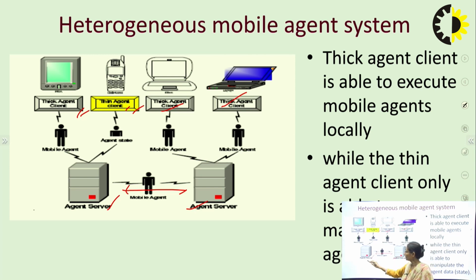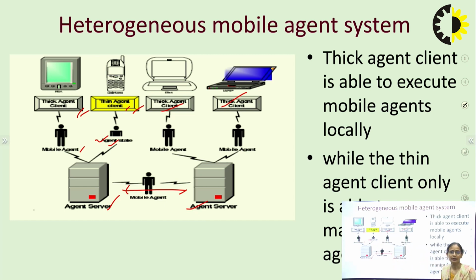At the agent server, we have mobile agents and the agent states. Now these agent states or the mobile agents can communicate with the thick client and the thin client. In the case of the thick client, since we have a full-fledged set of resources available, with no constraint on the resources, we have the mobile agent, whereas in the case of the thin agent client, we have the agent state.